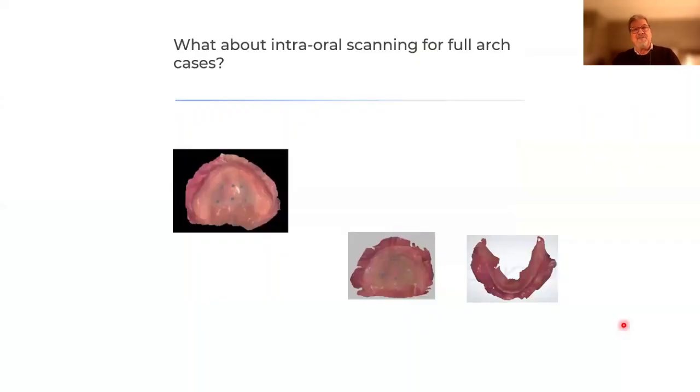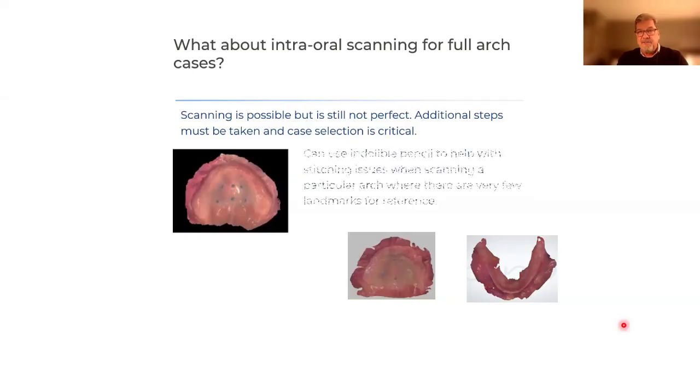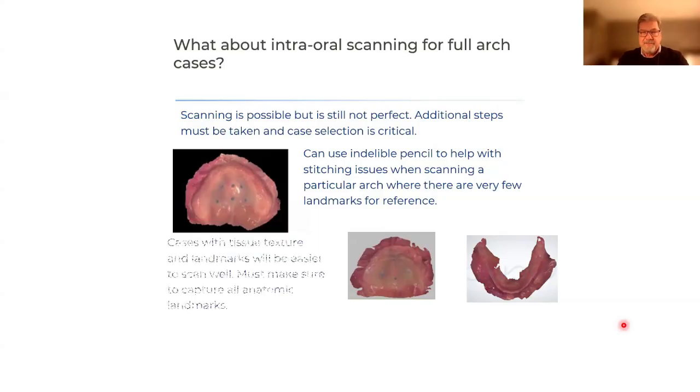So now, what about intraoral scanning for full arch cases? Scanning is possible, but still not perfect, additional steps must be taken, and case selection is crucial and critical. You can use an indelible pencil or marker to help with stitching issues. When scanning an arch where there are few landmarks for reference, that indelible pencil really does help.